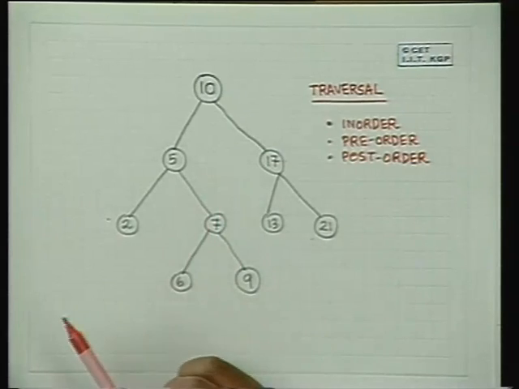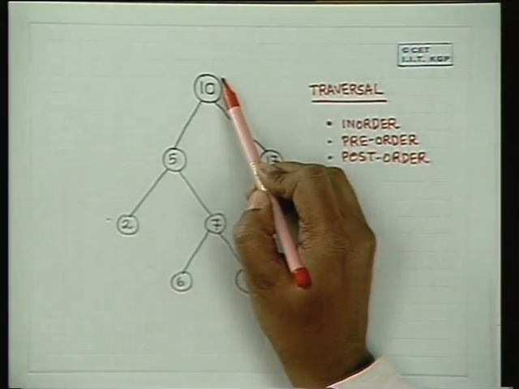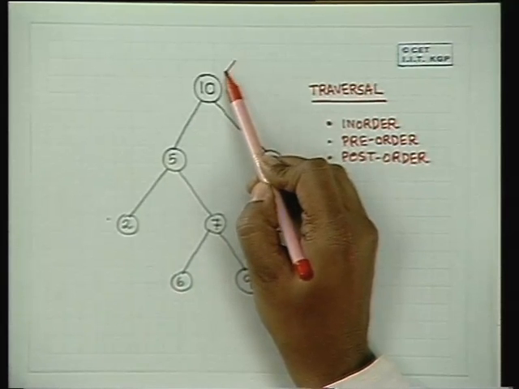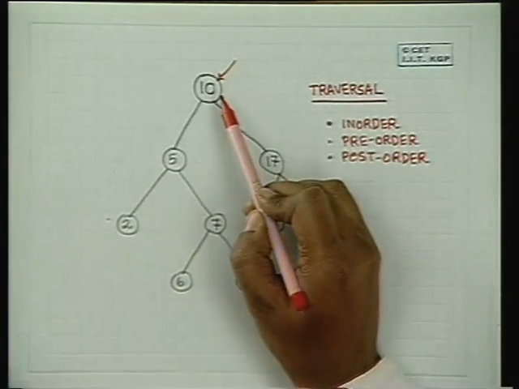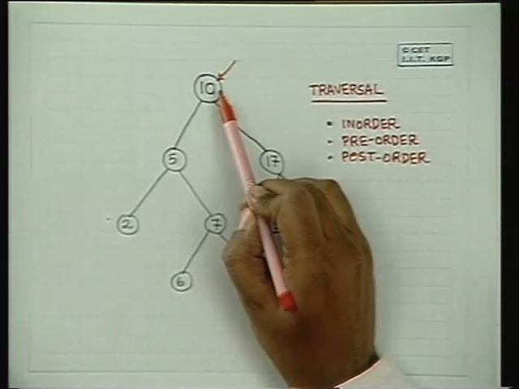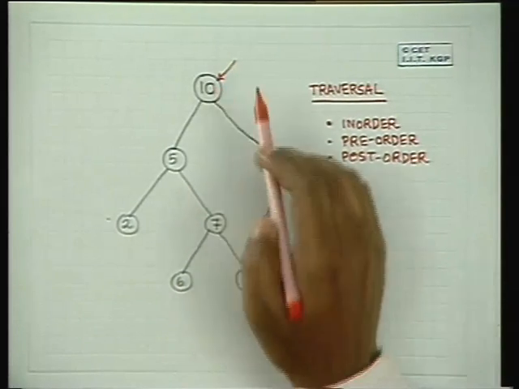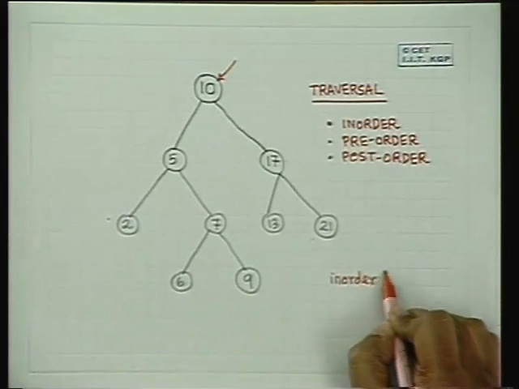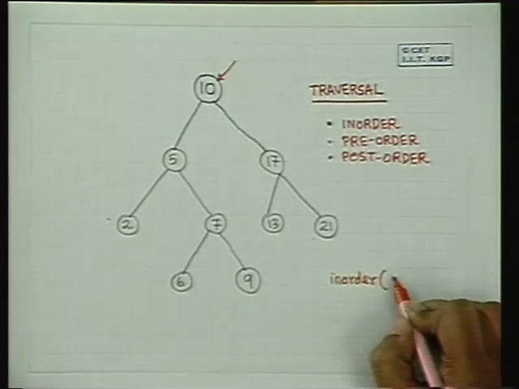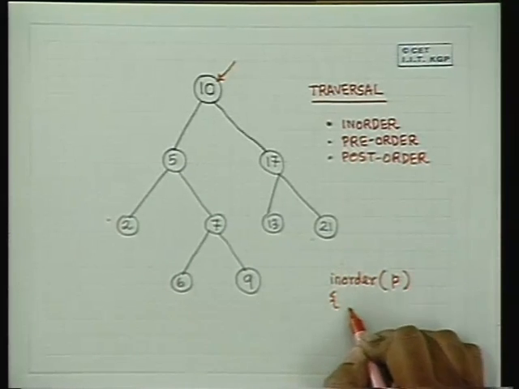Now here, in order traversal means like this. At any node, you are given a pointer to a node. We have seen the node structure before. So given a pointer to a node, you do this. In order at a pointer P does this.